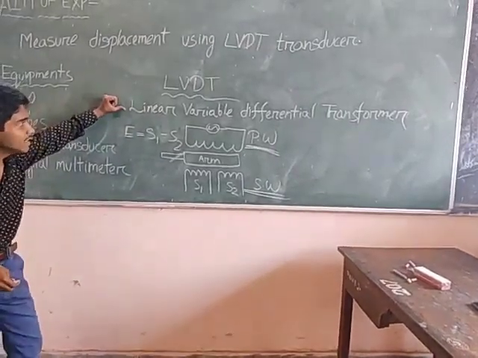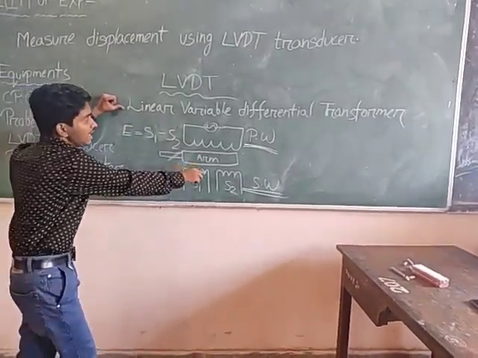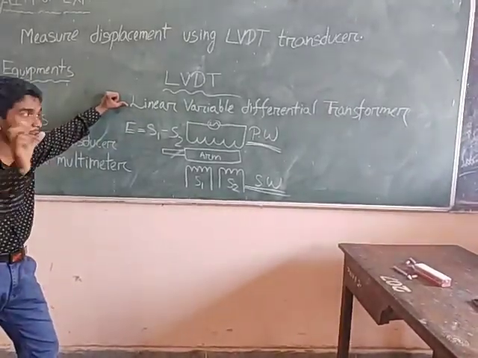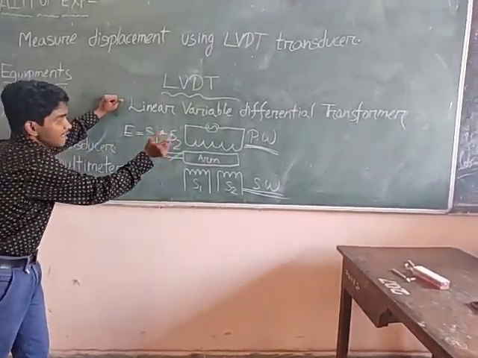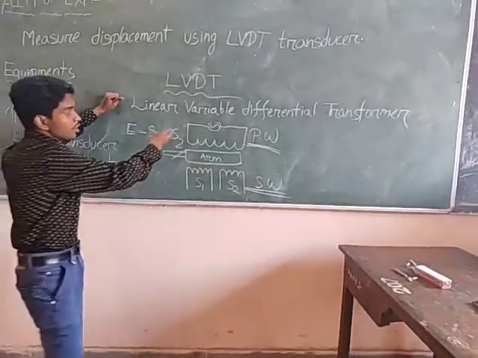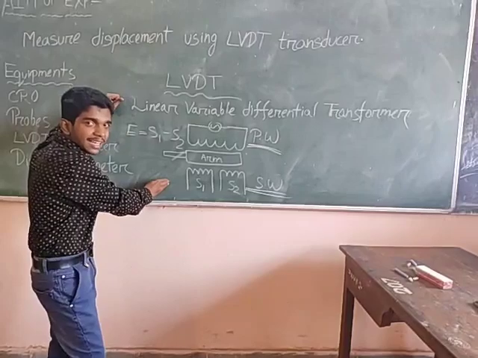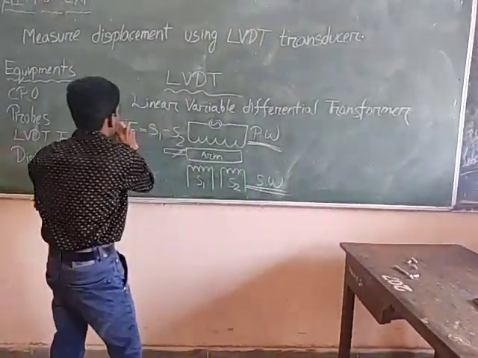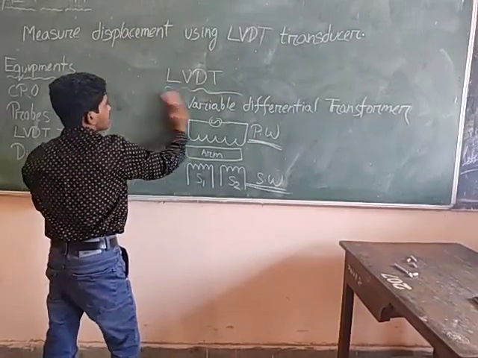The first point is the output varies linearly. The output we get is the difference of two outputs. Then the construction of LVDT is just like a transformer.